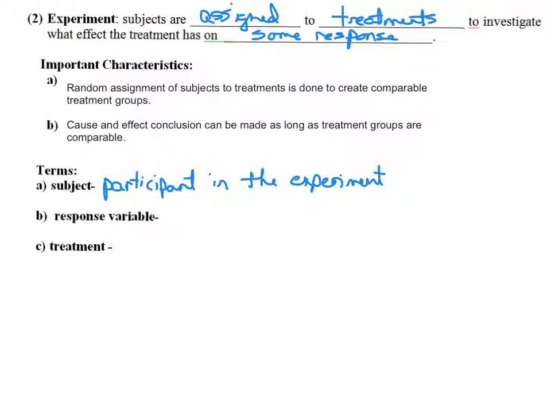A response variable is going to be the variable that is not controlled by the researcher, but instead it's the variable that is measured as part of the experiment.